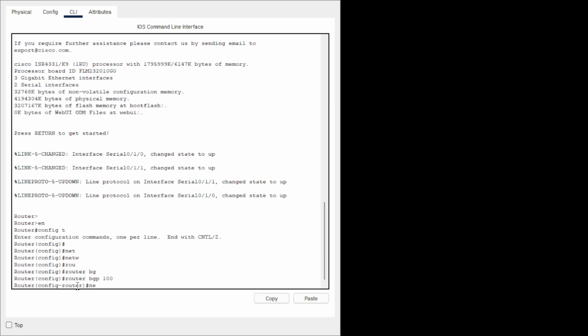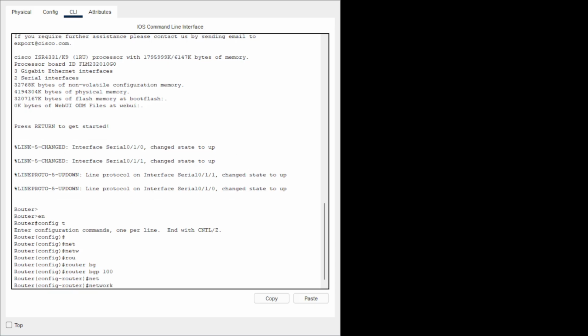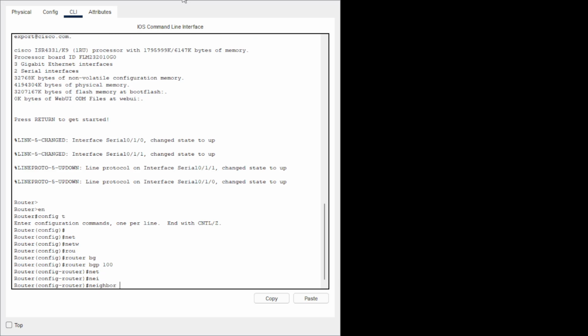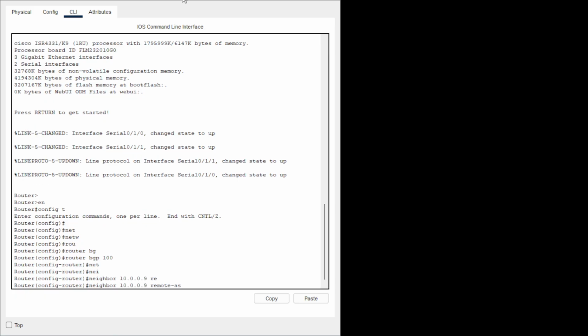We have to create the neighbors. The first neighbor, directed at network number 1, is 10.0.0.9, which belongs to ASN number 30.